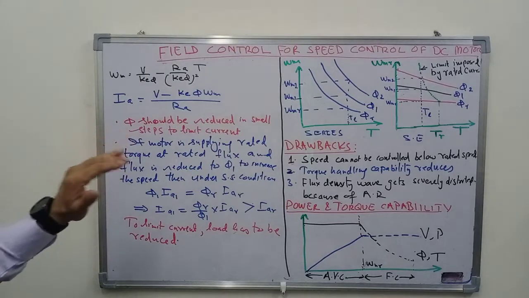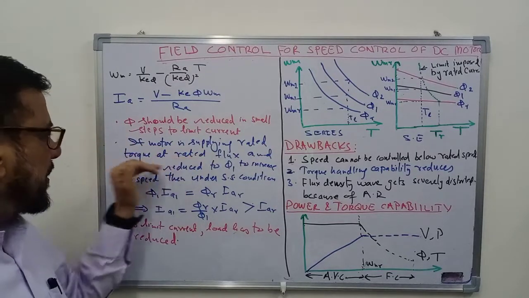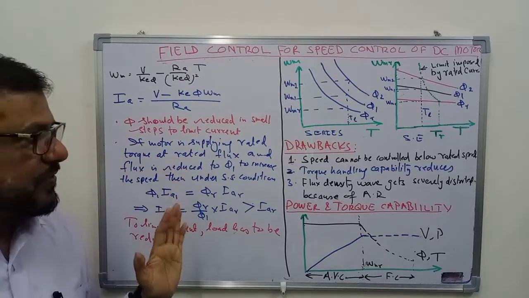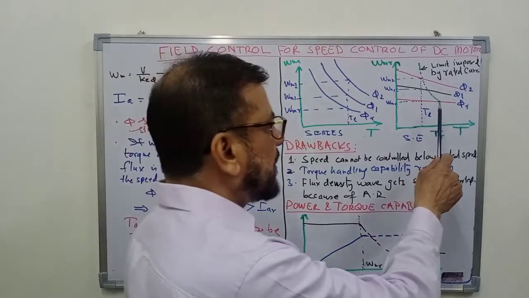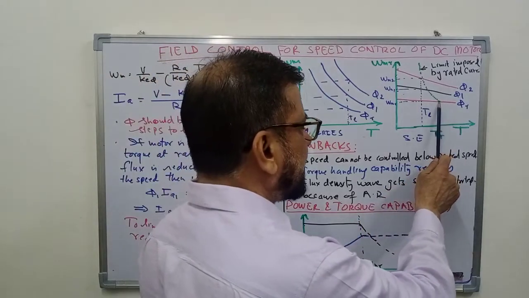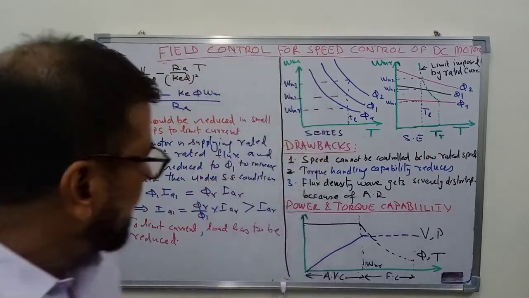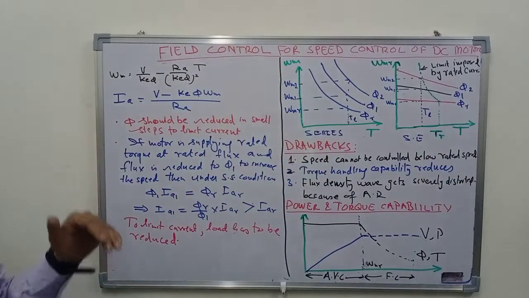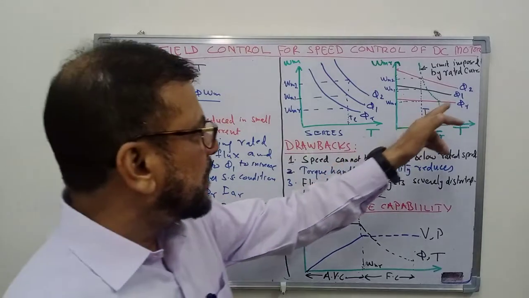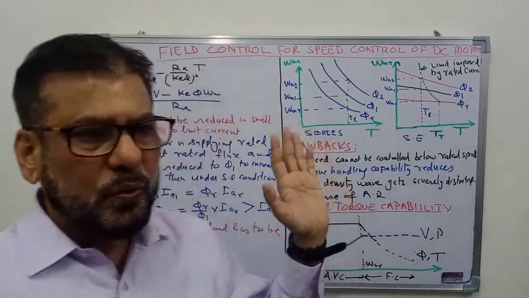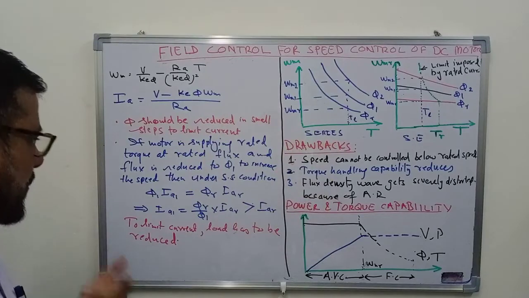Now suppose the motor is supplying rated torque at rated flux. So suppose this is the condition here. The flux is rated flux, the torque is rated torque. Then we reduce the flux to say phi 1 to increase the speed of the motor.